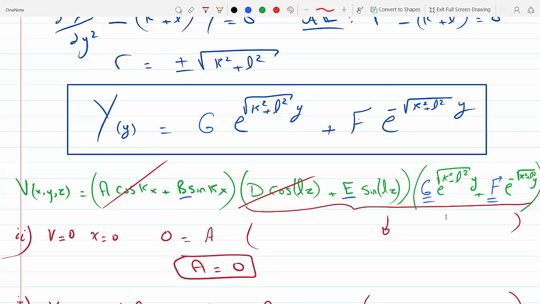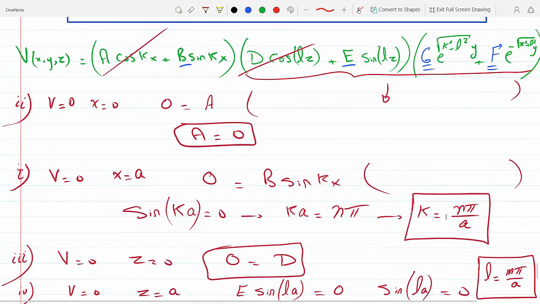But that's not what we want, is it? That's not what we want, because we want the potential to be confined to V0 on the boundaries.